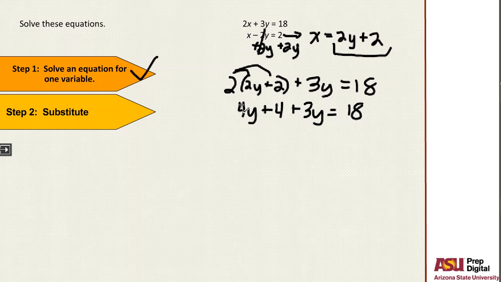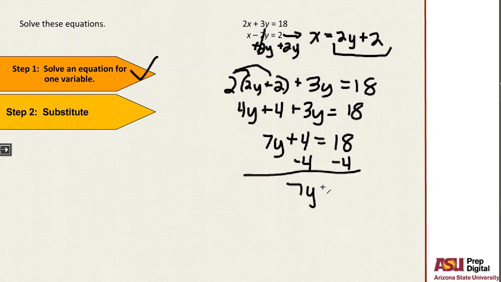Next, I have y terms that I can combine, so that makes 7y plus 4 is equal to 18. Now I'm going to go ahead and move this positive 4 by subtracting. That gives me 7y is equal to 14. And either through mental math or that last step of division, we can tell that y must be 2.